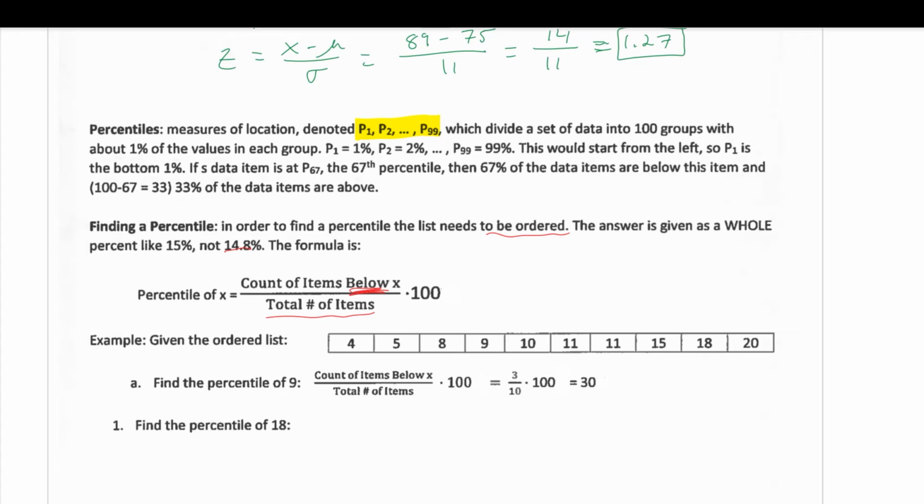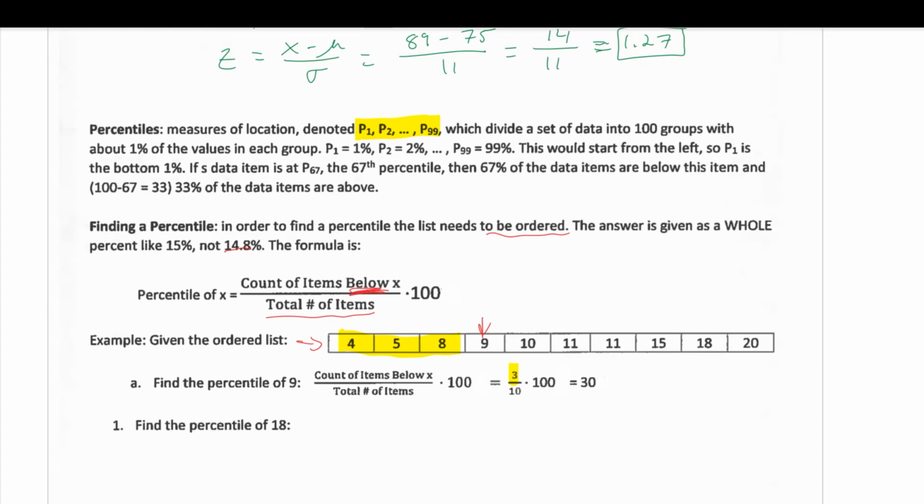Okay. Now, here we have a list, and it's sorted from least to greatest. If you want to find the percentile of this value 9, what percentile does that represent? Well, you're going to count all the items below 9, not including 9, so that we have 3, right?